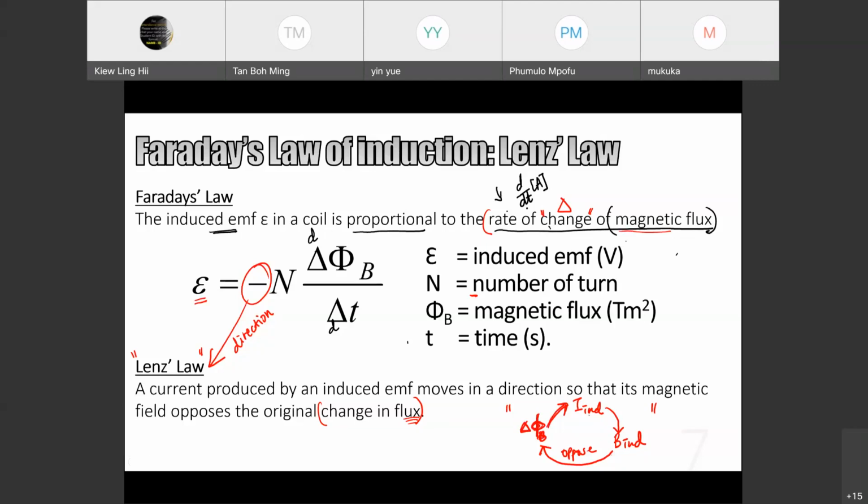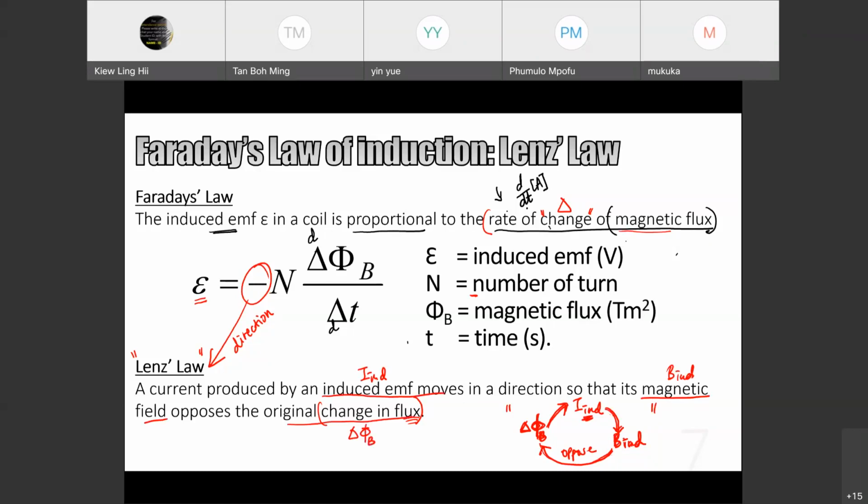The direction of this induced current will be such that its induced magnetic field will oppose the initial change in flux. This is what is mentioned by Lenz's law. This is your induced current, this magnetic field is the induced magnetic field, and this is the change in flux.